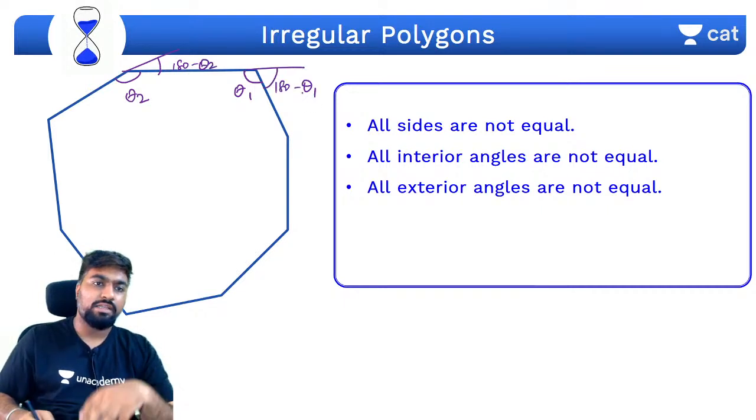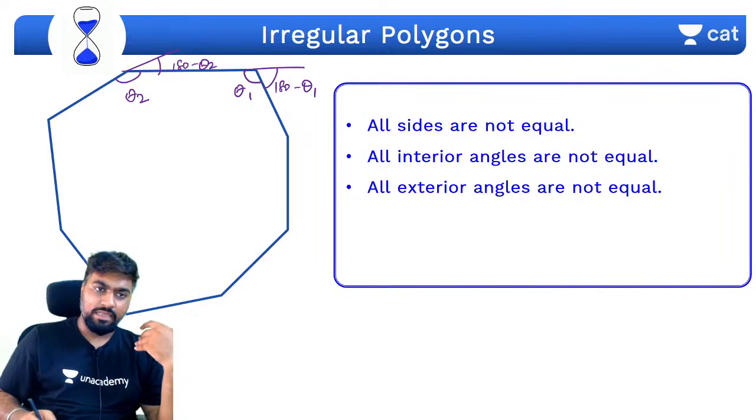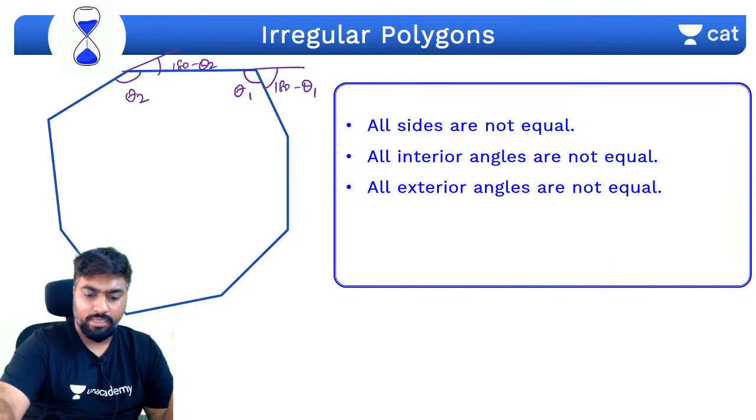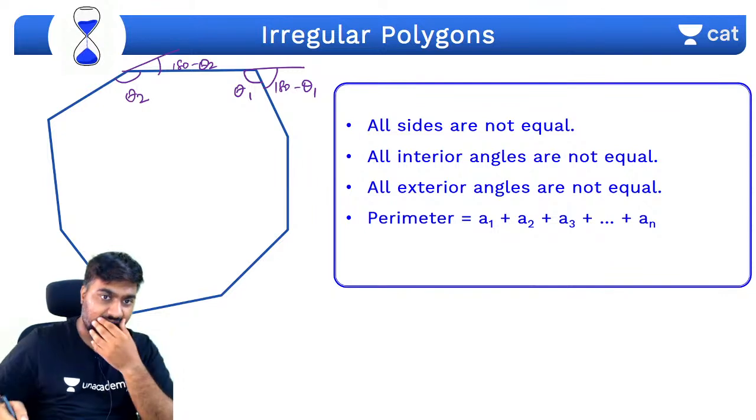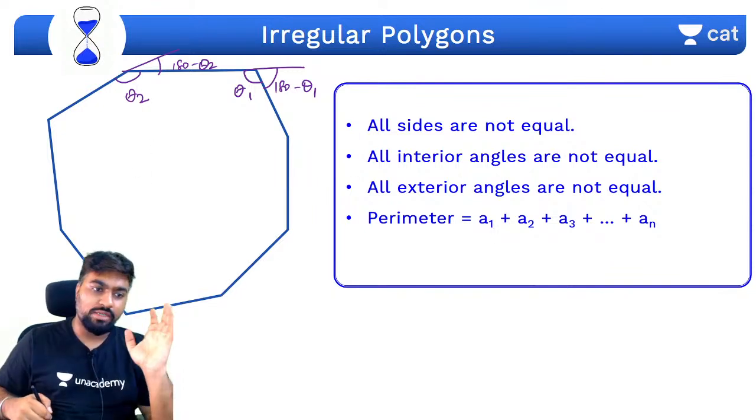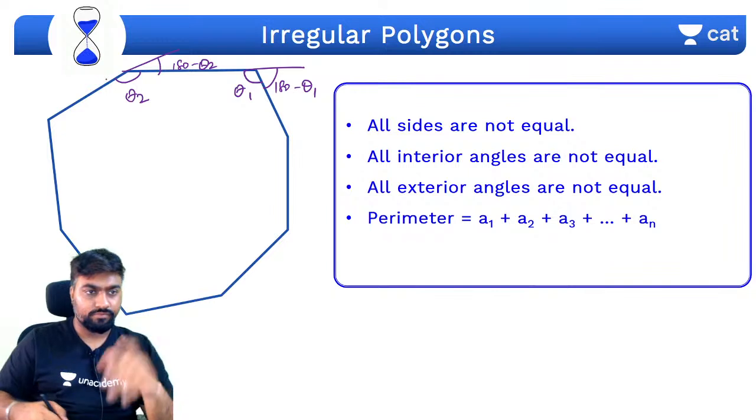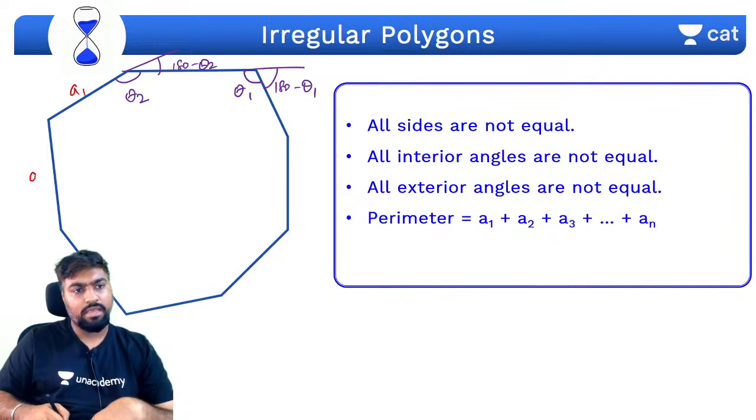If theta 1 and theta 2 are not equal, then the exterior angles will ultimately not be equal. And the perimeter you will have to find individually, there is no other way. Individually find A1, A2, because they are all different. The perimeter will basically be their individual sum.